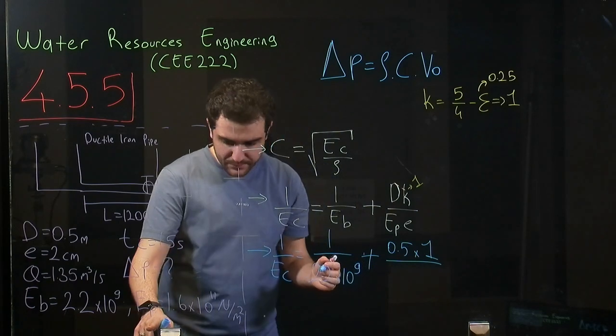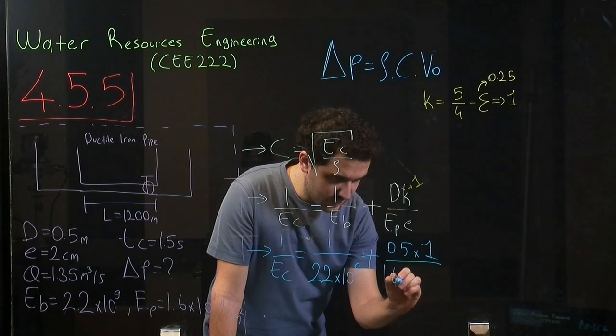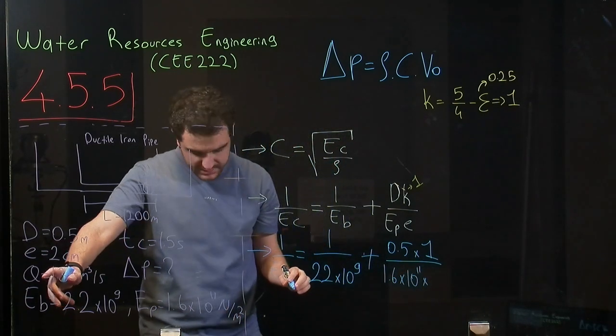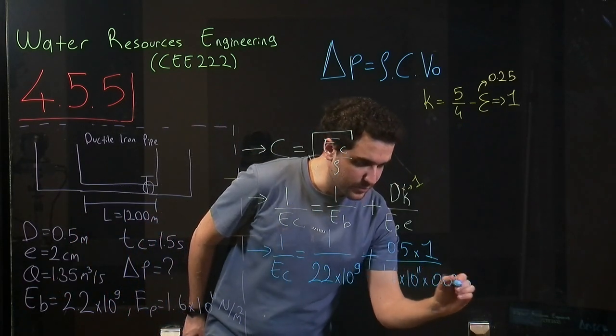The EP is 1.6 times 10 to the power of 11 times thickness, which is 2 centimeters or 0.02 meters.